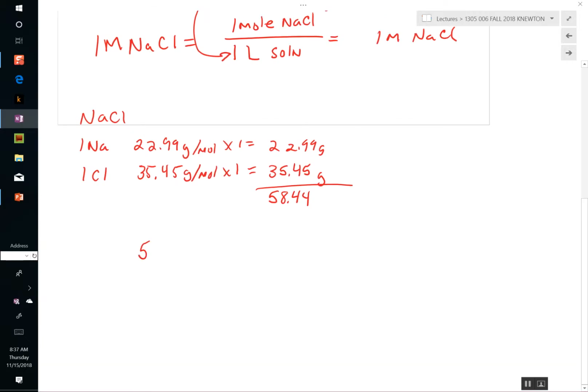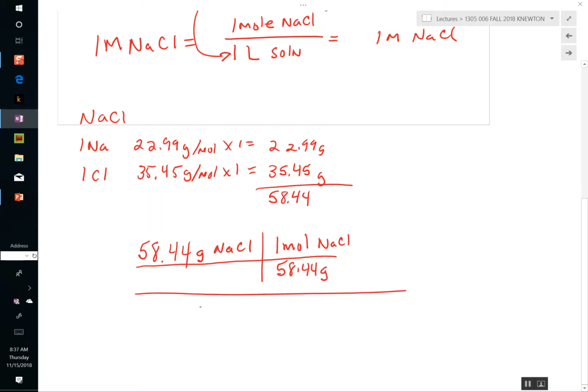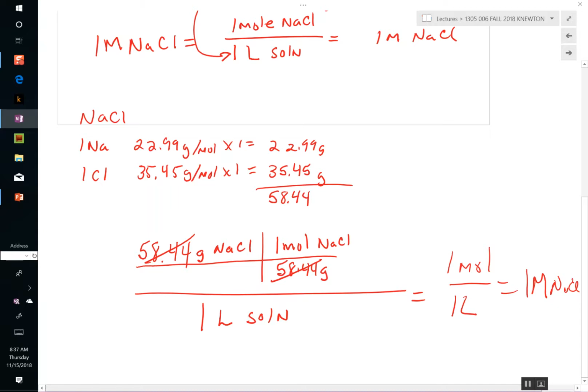So if I took 58.45 grams of sodium chloride and put it in here, and it is 1 mole per 58.44 grams, and it is in 1 liter of solution, okay, so I'm just saying that's how we would make it.